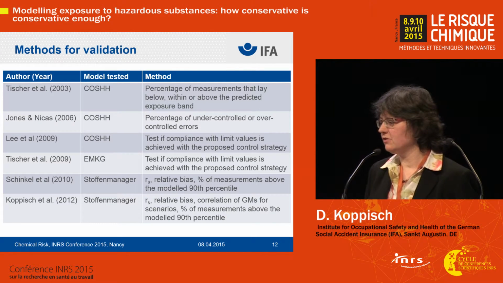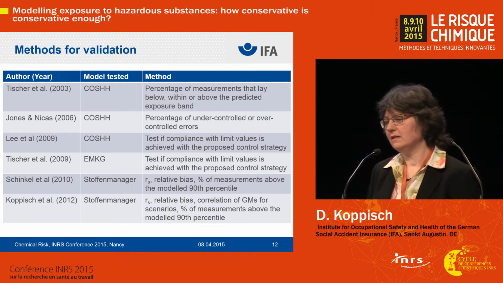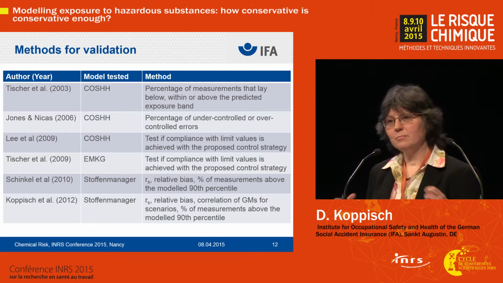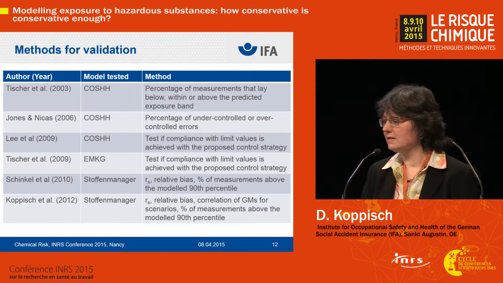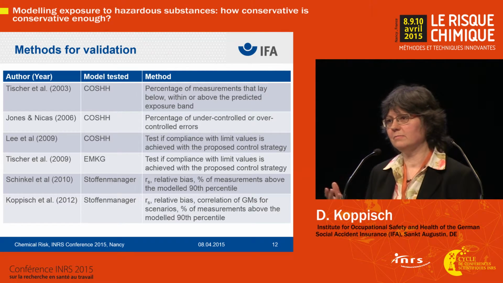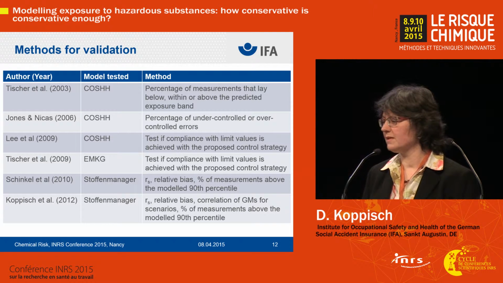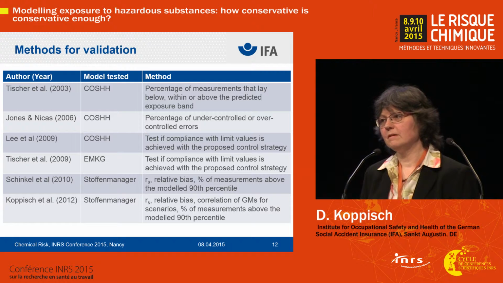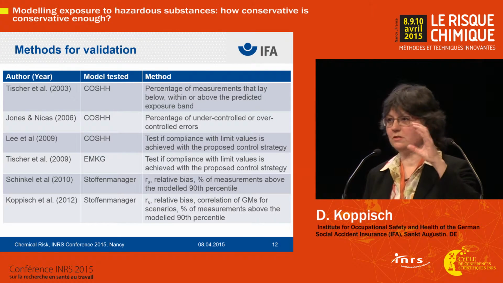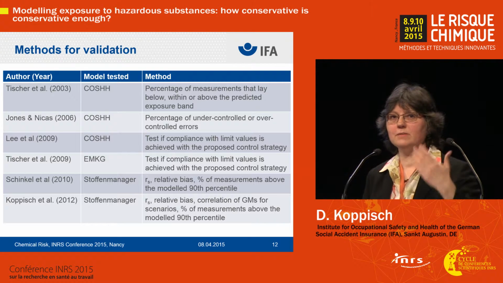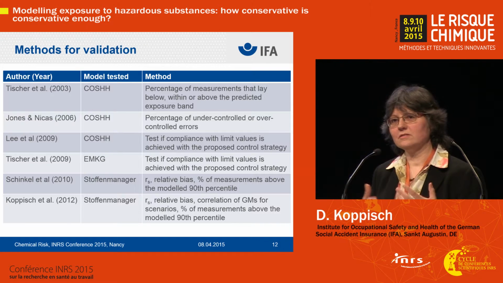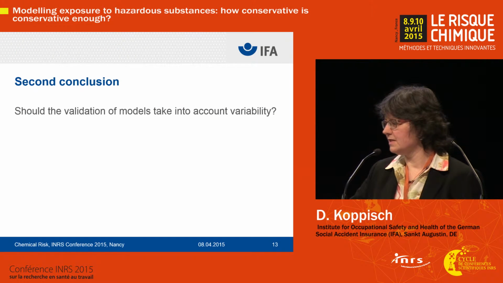Additionally, they calculated relative bias, and in both publications, they used another measure for the quality of the models. They looked at what percentage of the measurements was above the modeled 90th percentile. So this is the first try, I would say, to cope with this variability that we find in the measured values. And I think it's important to look at this variability.